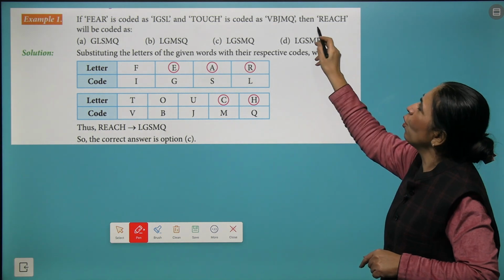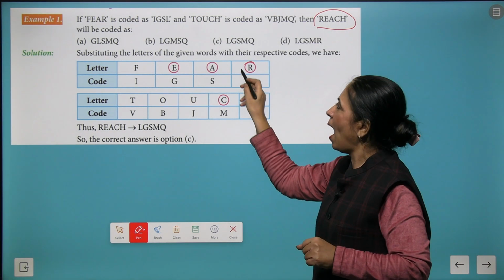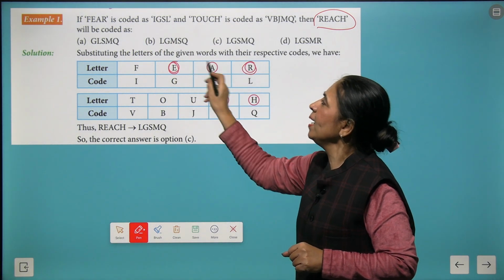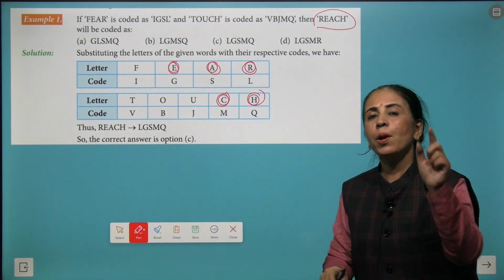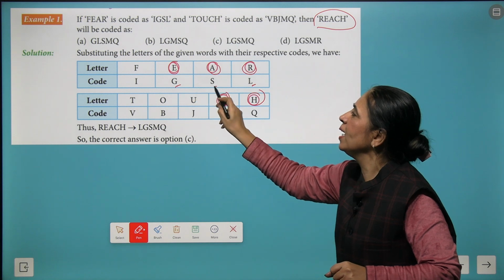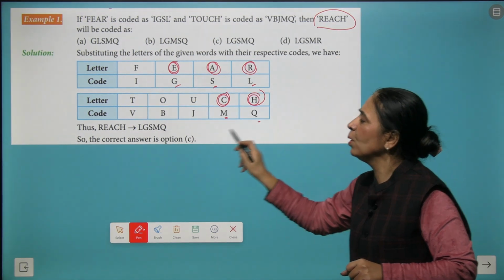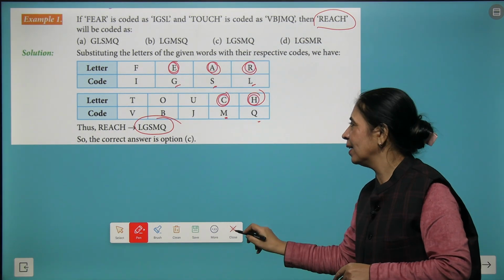Now the question for you is, what is the code for read? Let's pick R, then E, A, C and H, and we create a code LGSMQ, and this is your right answer.